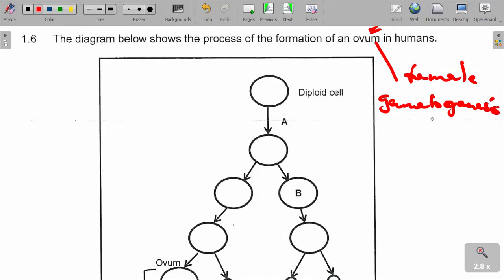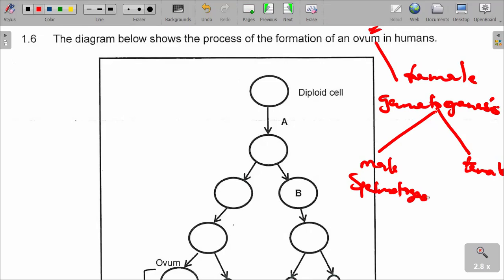But remember, we said there is male, and then we have female. If you are talking about male, it is called spermatogenesis. And if it is female, it is oogenesis.